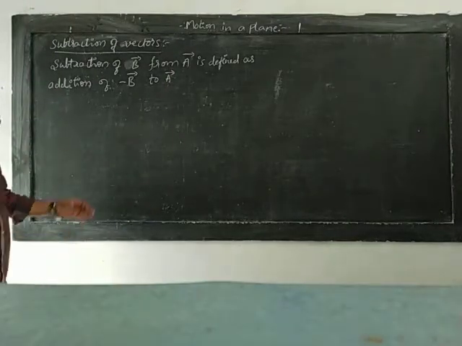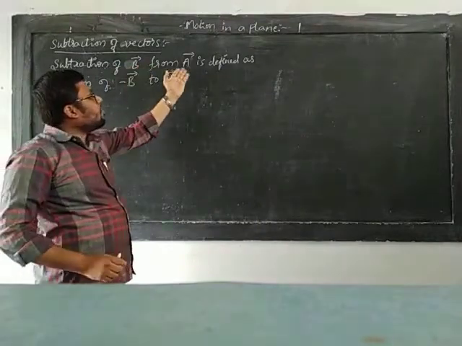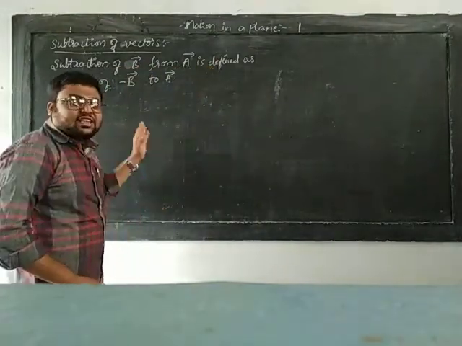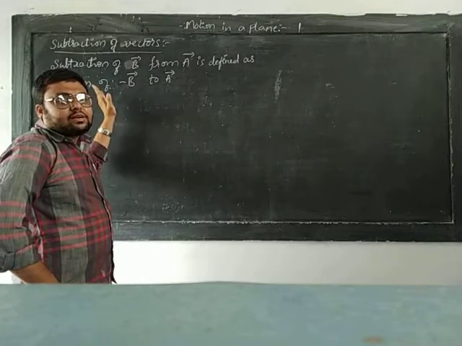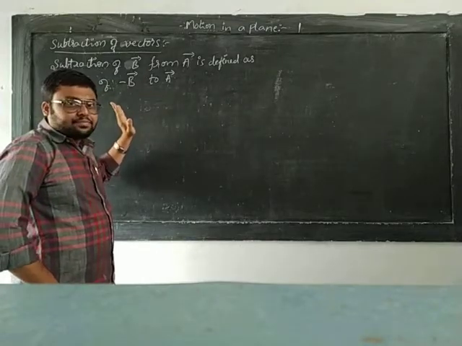So here, subtraction of vector B from vector A is nothing but addition of minus of vector B to the vector A. How?